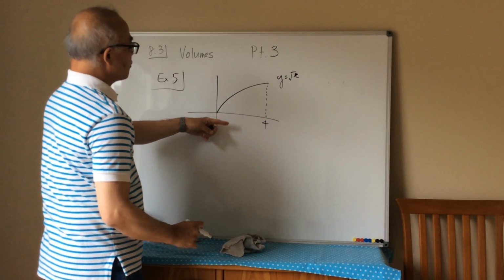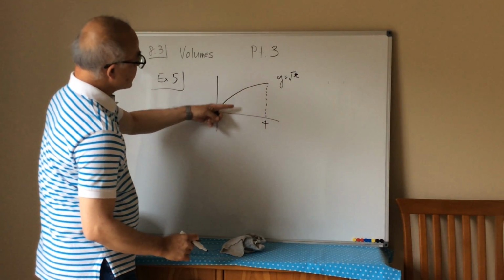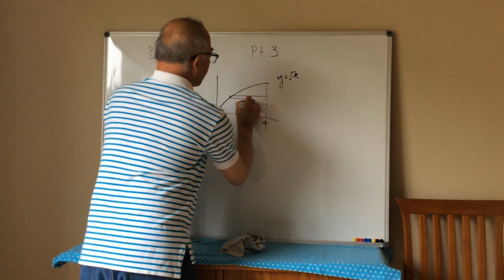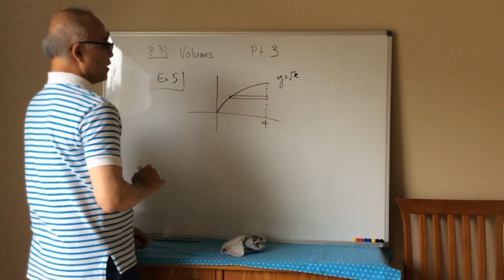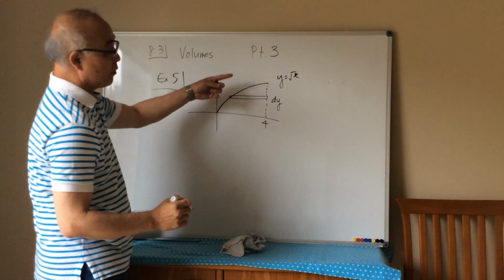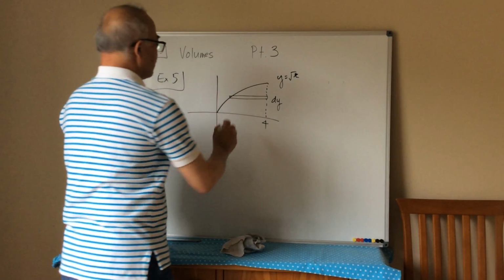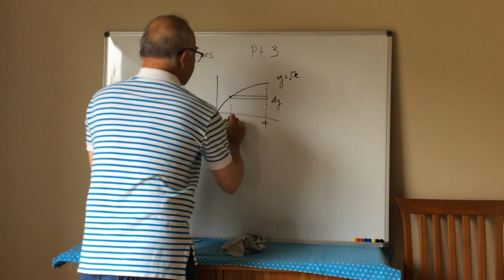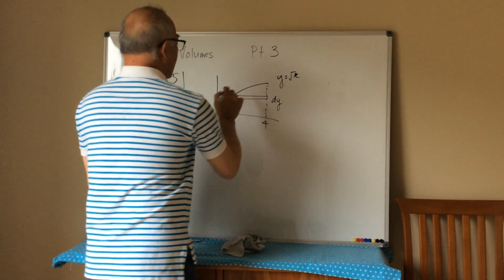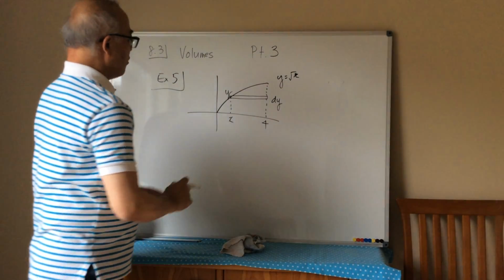Since we're going across the x-axis, this would be our dy. We're going around. The height is going to be just y, right? So what do I have here?